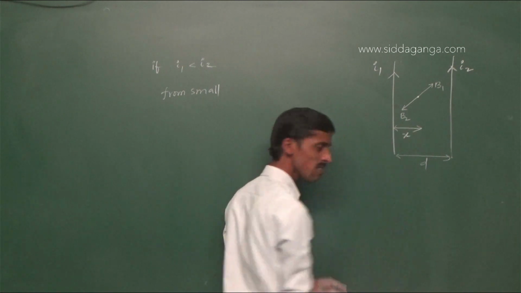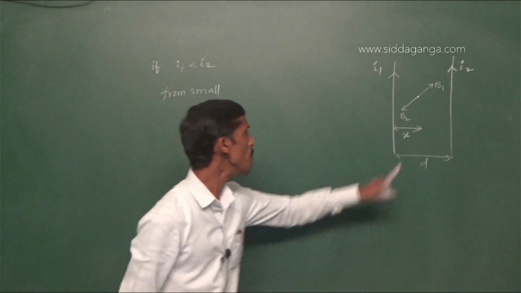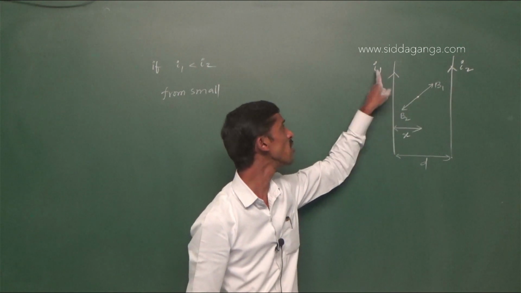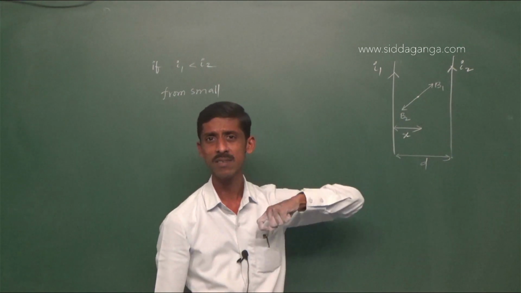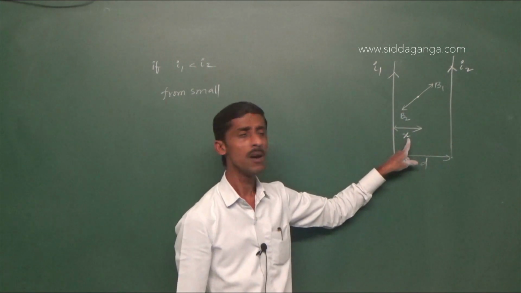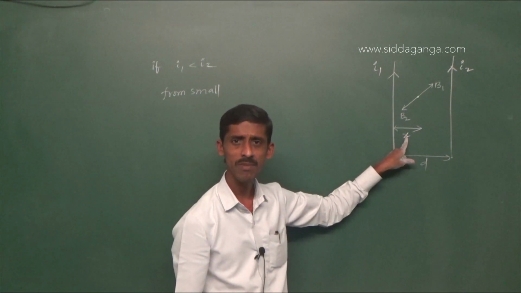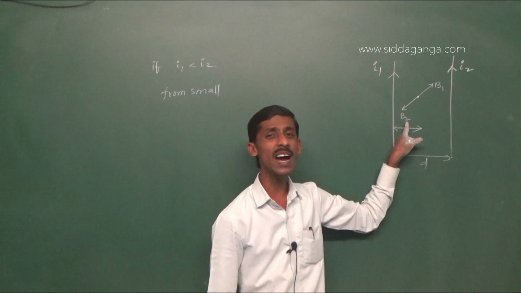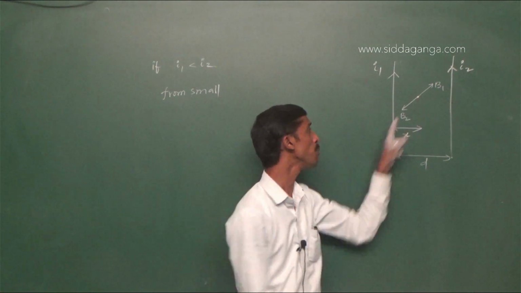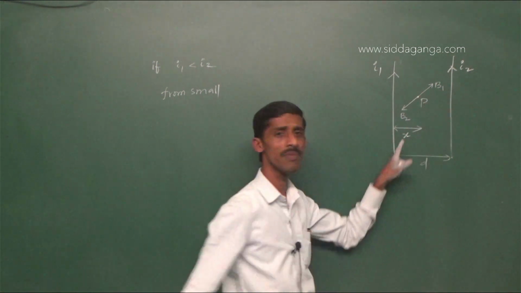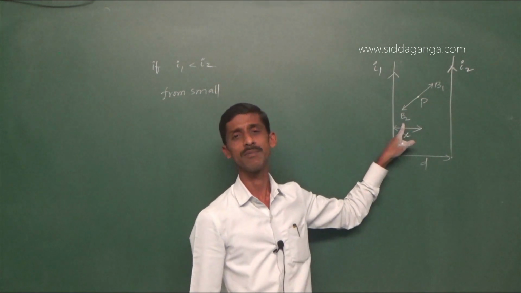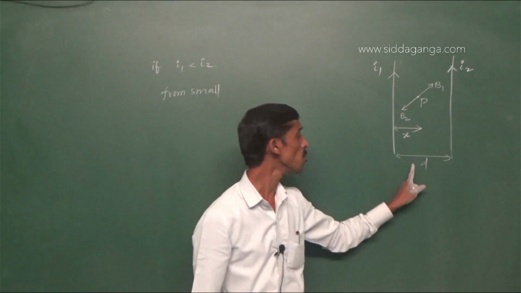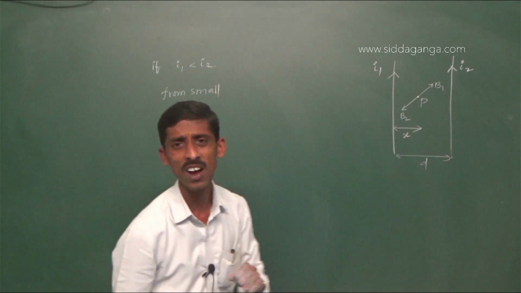Let us say x. Magnetic field at this point due to this wire is mu naught I by 2 pi r. So mu naught I1 by 2 pi x plus the magnetic field at the point P due to second wire, mu naught I2 by 2 pi into d minus x, is equal to 0.